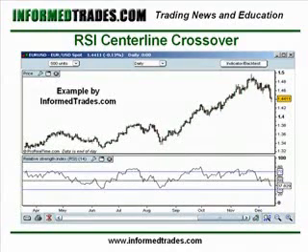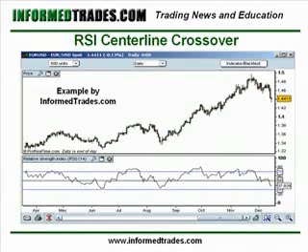But basically, when the RSI crosses above the 50 line, that's considered a bullish sign, because the market is making more highs and more gains than losses. And when it crosses below that center 50 line, that's considered a bearish sign, because the market is making more losses than gains.